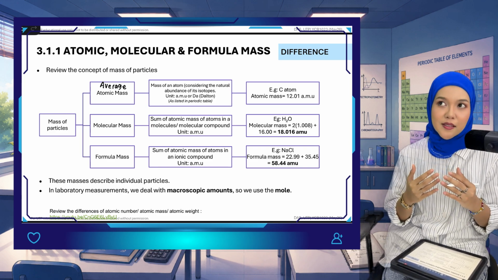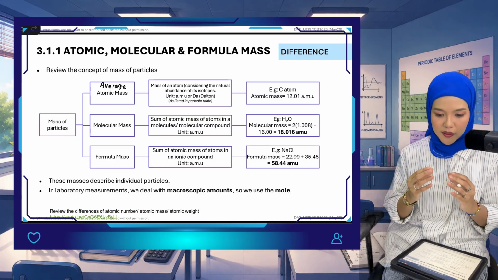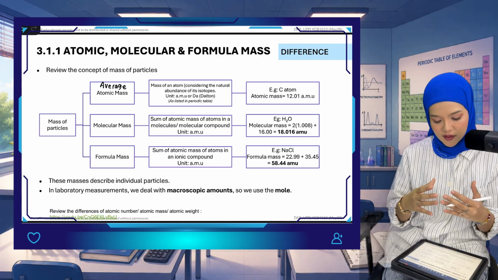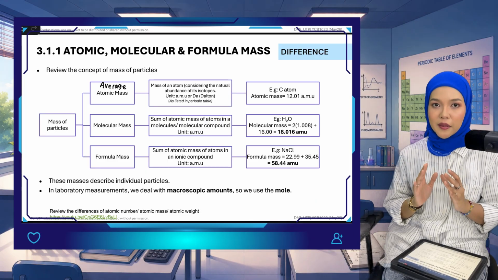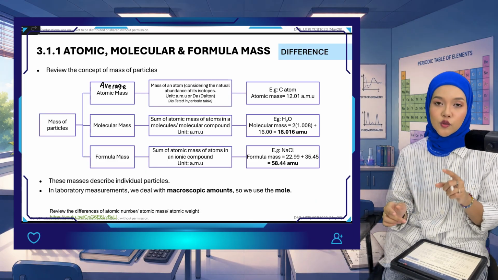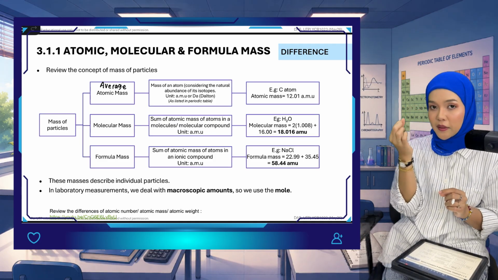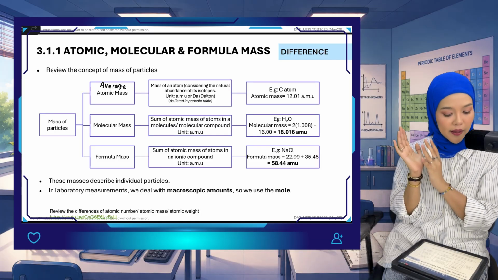This is basically the mass of an atom, and it already considers the natural abundance of the isotopes. For example, the carbon atom has an atomic mass of 12.01 AMU, so a single carbon atom has a mass of around 12.01 AMU.